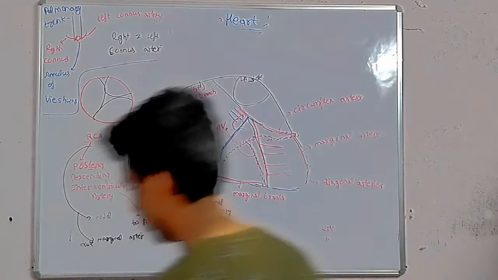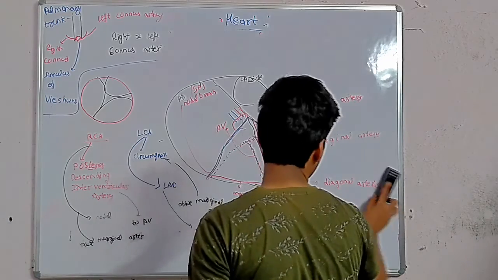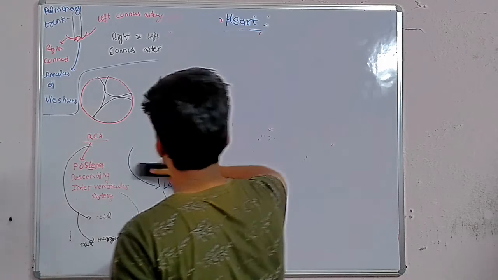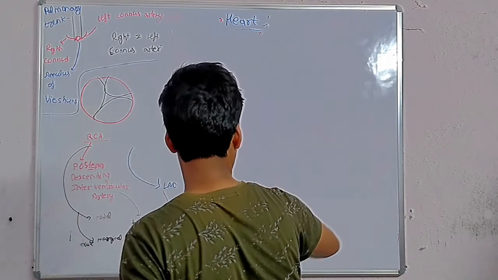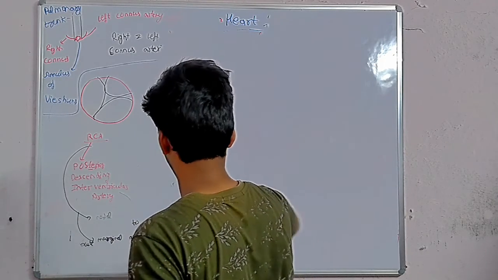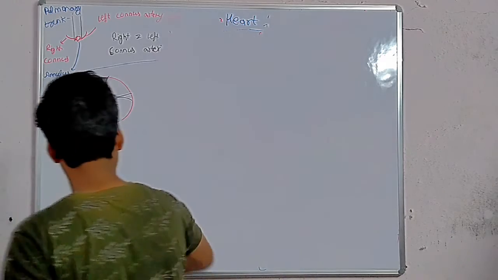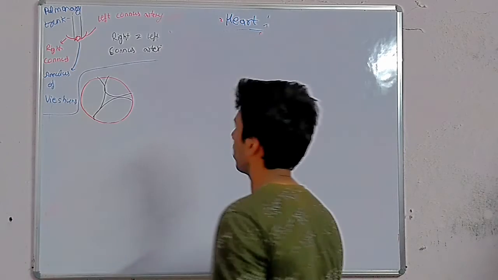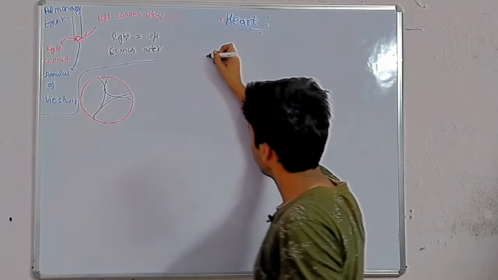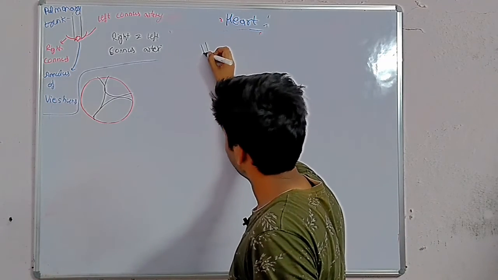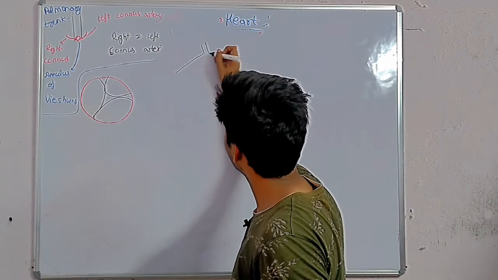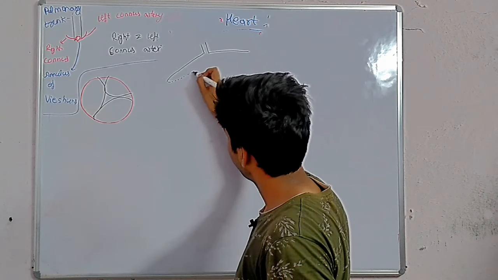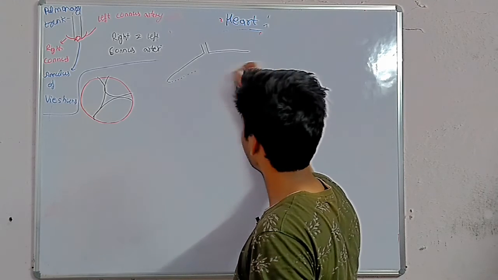Next we have to cover cardiac dominance. There are three types of cardiac dominance. We know from the aorta arise the right coronary artery and the left coronary artery. They go posteriorly in the coronary sulcus.